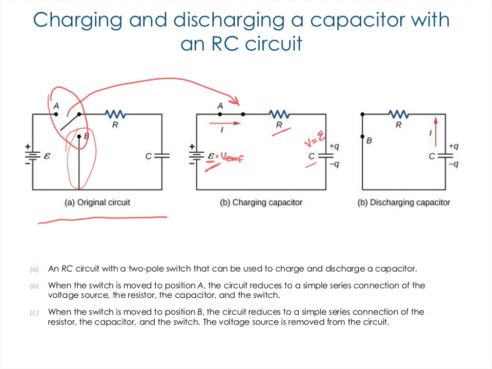If the switch is closed at point B, we eliminate the battery and we only have a capacitor and a resistor. And this is then what we are doing when we discharge a capacitor.